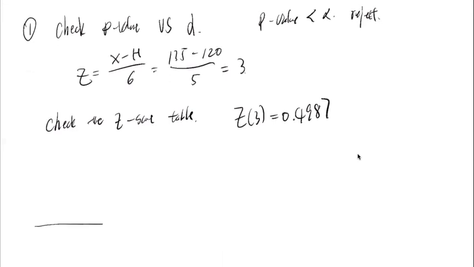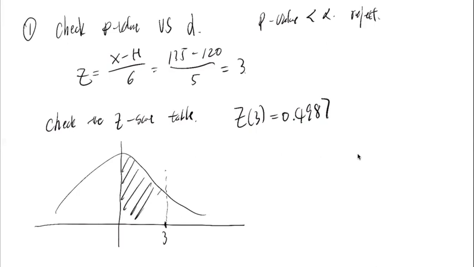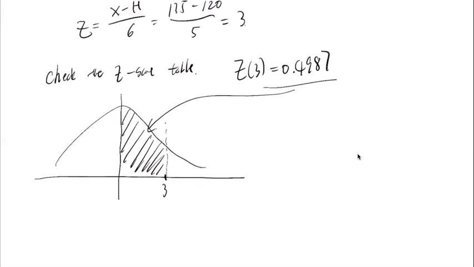I would like you to use a graph to visualize what is happening here. We look at 3 standard deviations from the mean, so that's this line here. The z-score is defined by the area here, and this value corresponding to the area is where you check the z-score table. But what we want is this tail area, and this is the p-value. Because the normal distribution is symmetric, only half of the area lies on the right-hand side.